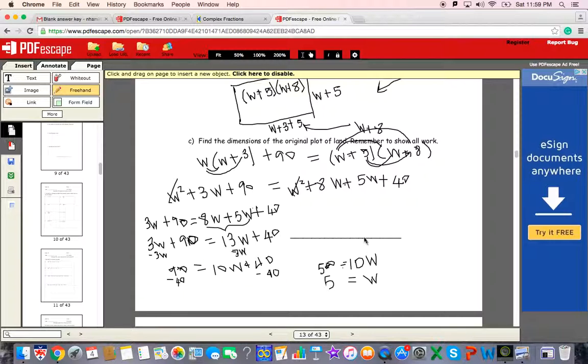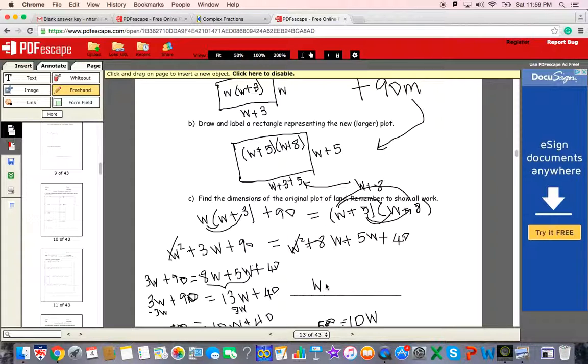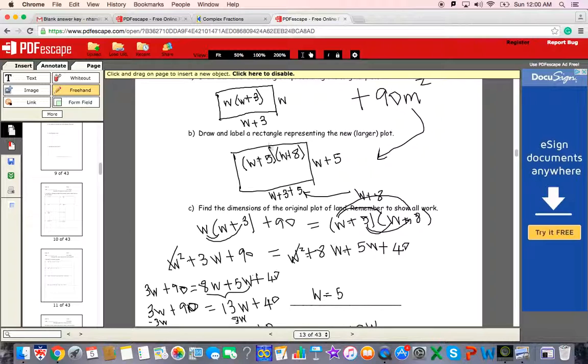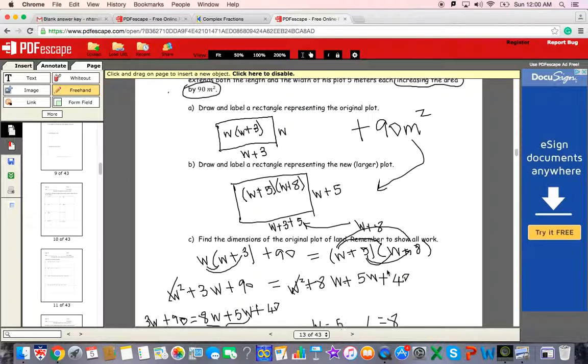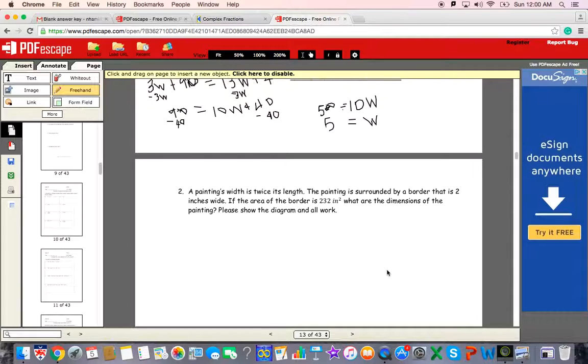If you know that W is equal to 5, looking back at the original rectangle, the length was 3 more, so the length is equal to 3 more than 5, which is 8. You should probably go ahead and test that out to see if it makes sense. I'm not going to do that because we're lacking time and we have to keep moving forward.